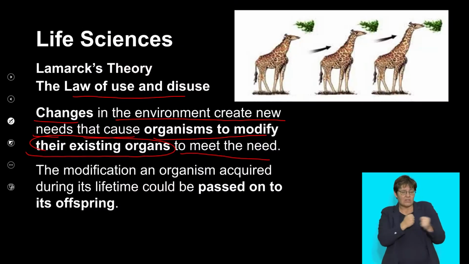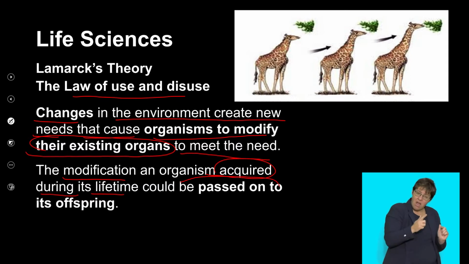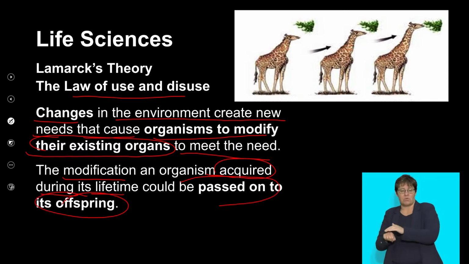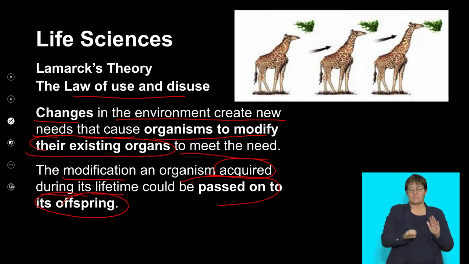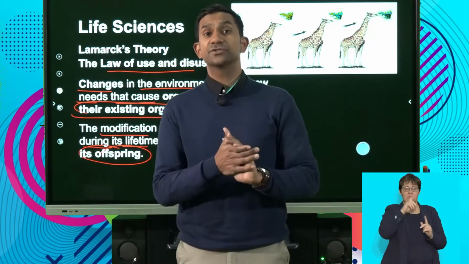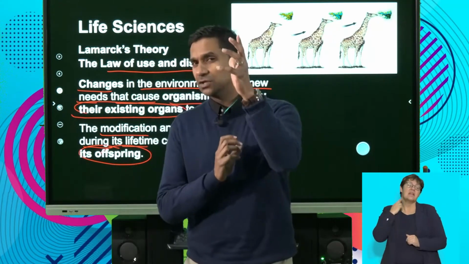So he mentioned that the modifications of an organism acquired during its lifetime could be passed on to its offspring. Essentially, if an individual, as in the example of the giraffes, constantly stretched and tried to reach the fruit higher up, their necks grew longer.